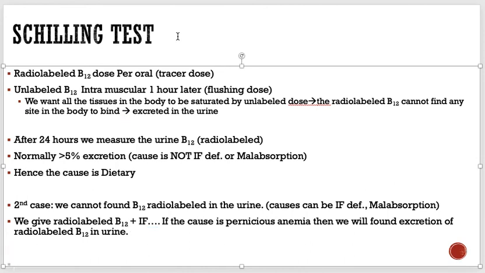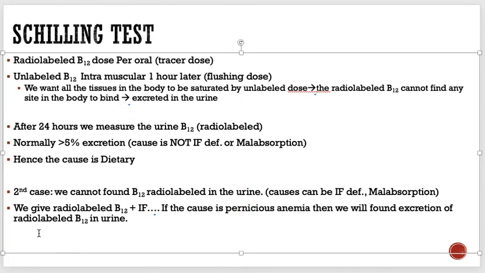When we give radio-labeled B12 with intrinsic factor and there was a deficiency of intrinsic factor, it will start appearing in the urine. What it means is the deficiency was just of intrinsic factor.